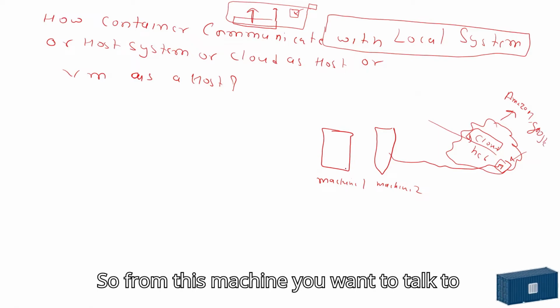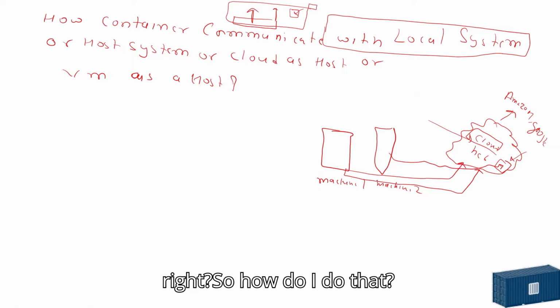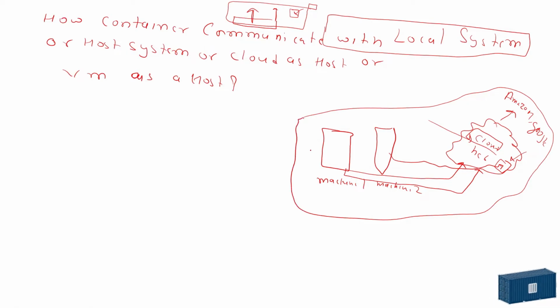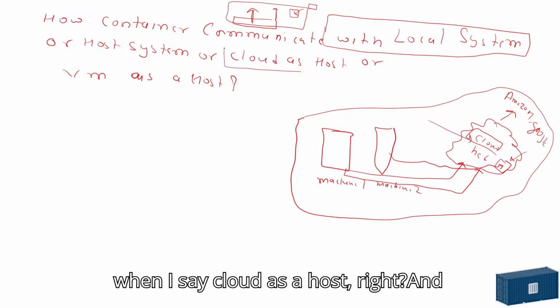So from this machine you want to talk to this Amazon cloud or Google Cloud. How do I do that? That's what we are going to see in this session. So that is what I meant when I say cloud as a host.